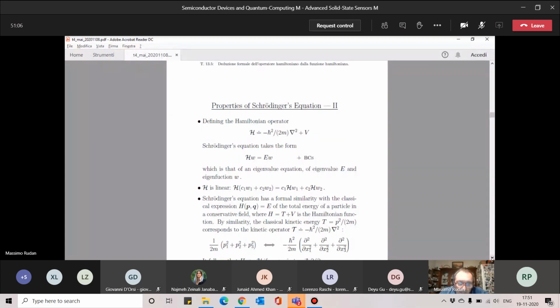Obviously, the Hamiltonian operator is linear because the original equation is linear, okay?